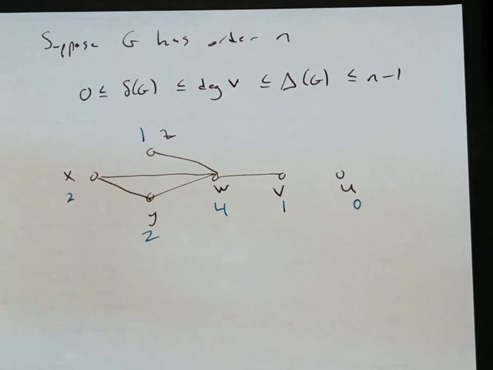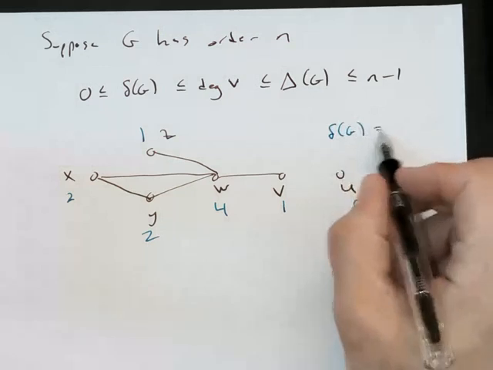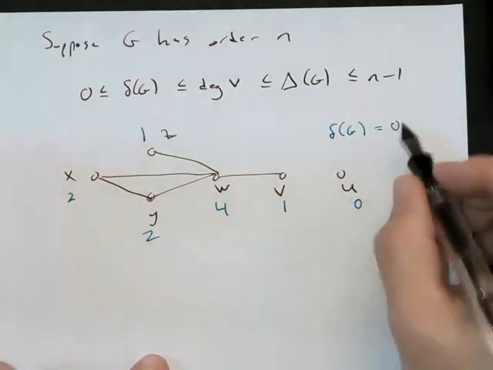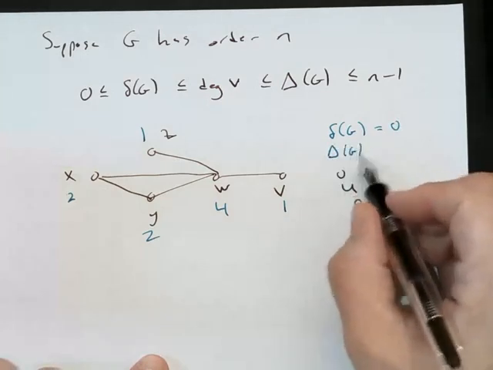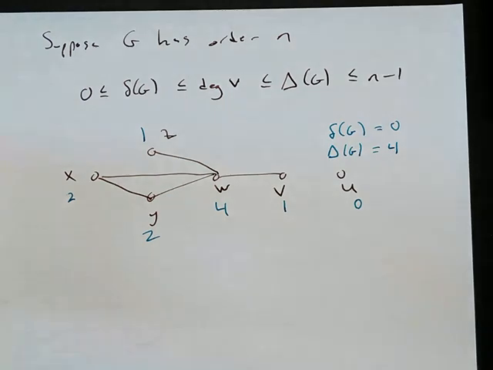Delta of g, lowercase: zero, the smallest of those numbers. Capital delta of g. Two questions.